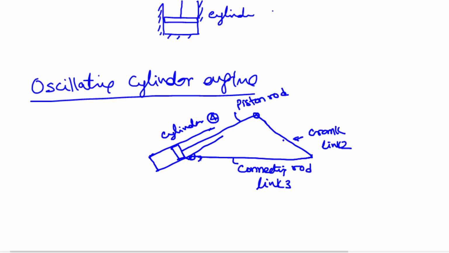Connecting rod, it is fixed. This is turning pair, this is turning pair and this is turning pair. Crank rotates and this piston oscillates, means this is slider pair, others are turning pair.